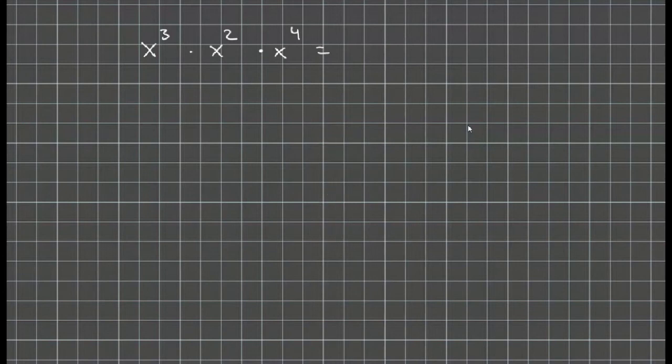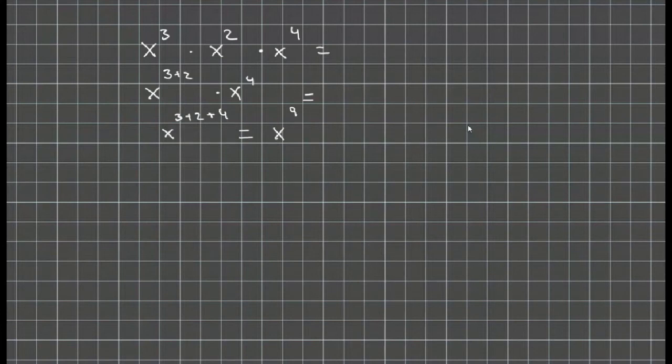Well, what I actually do is, because there are all multiplication signs here, I can just write it down like x to the power 3 plus 2 times x to the power 4. So I can add these two exponents because it's the same letters that get multiplied. And again, I have the same letters that get multiplied. So I can add the exponents together, which gives me x to the power 9.